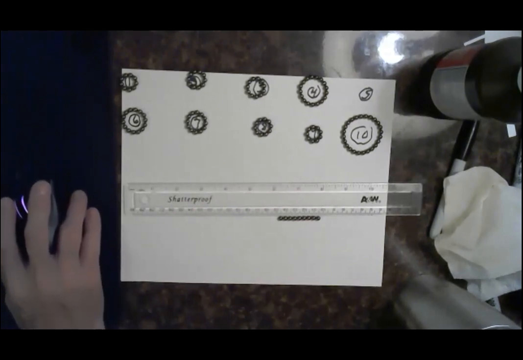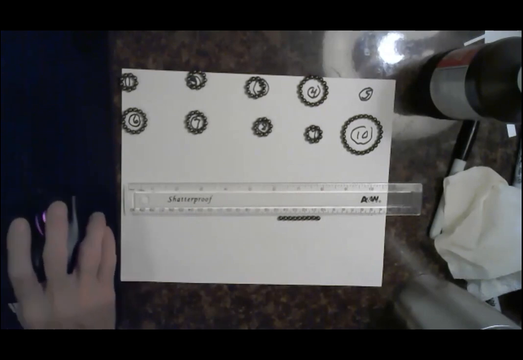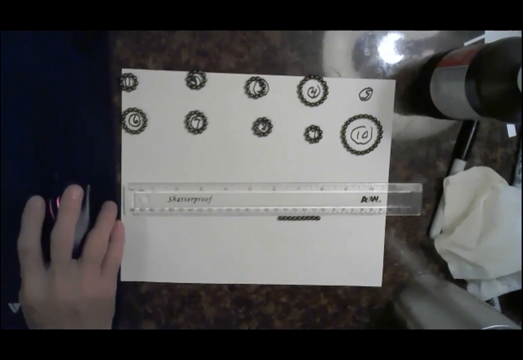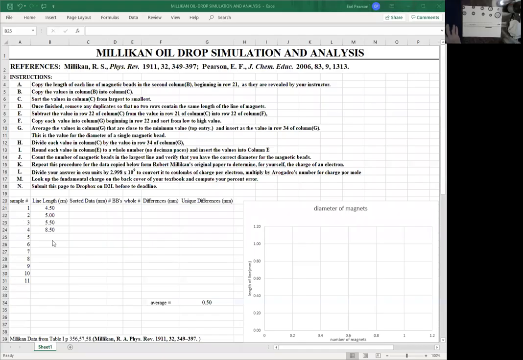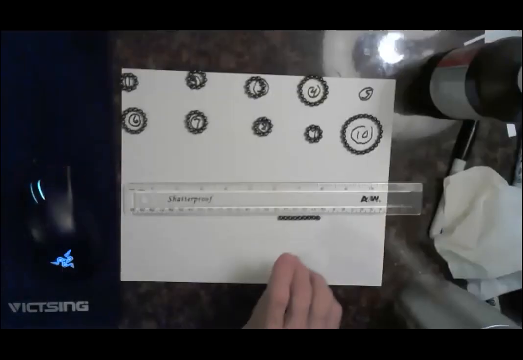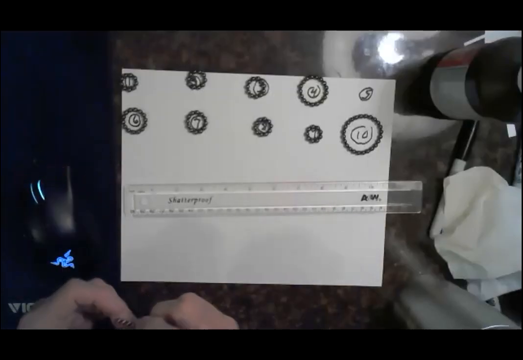So let's record it. And this one is at 4.5 centimeters. Okay. And we can now make the next reading. Got half of our values.